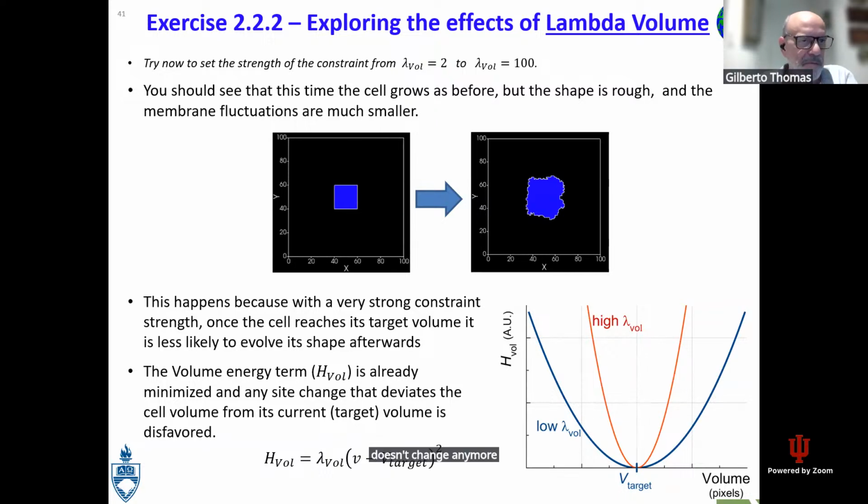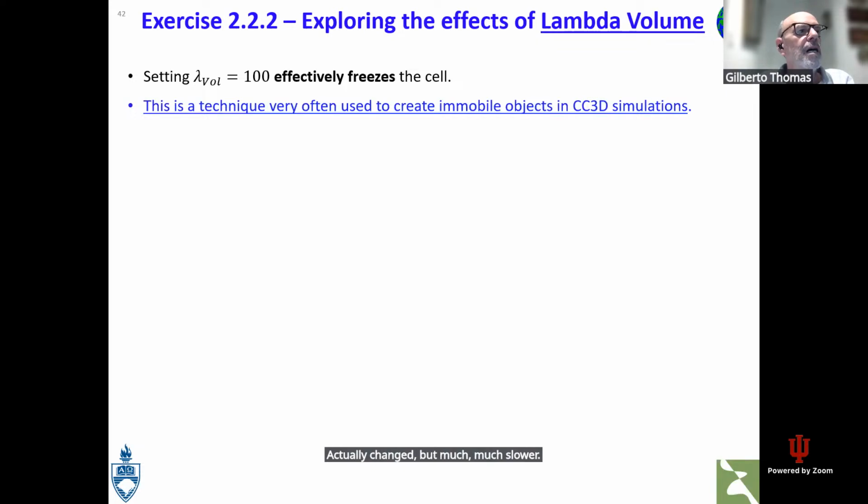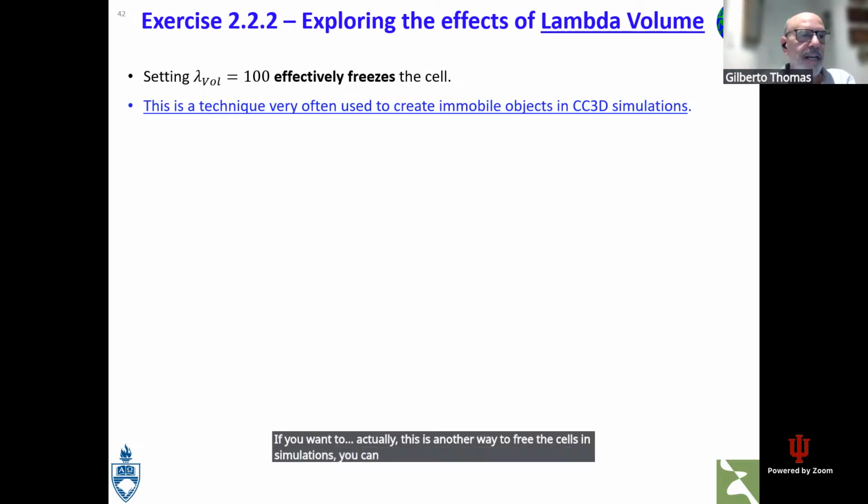Actually, it changed, but much, much slower. So let's analyze a little bit what is going on here. This is another way to freeze cells in simulations. You can freeze by changing a particular lambda volume for a particular cell.